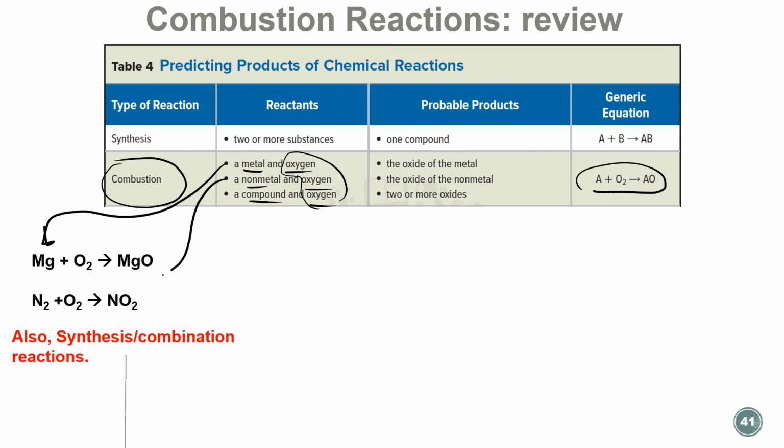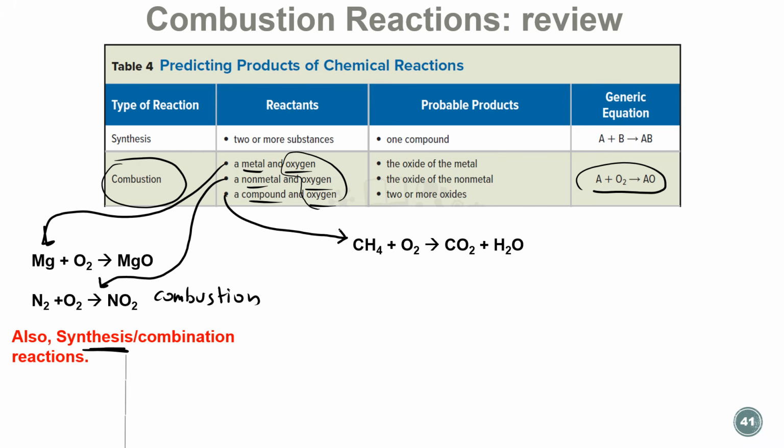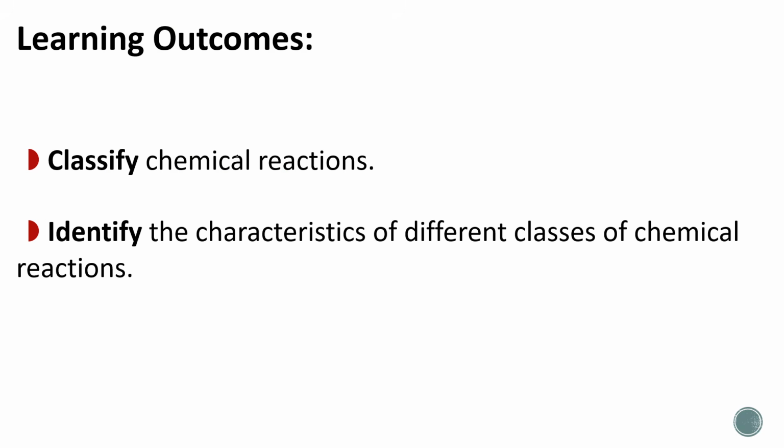This is a non-metal with oxygen. So these are combustion reactions and also synthesis. Now this here is a compound with oxygen. Remember? So all of these are combustion reactions. So we classified chemical reactions and we saw some of the characteristics of these types, or 4 types.